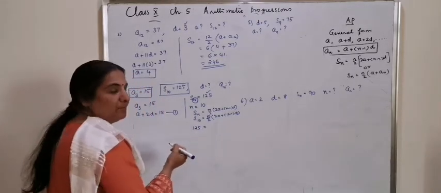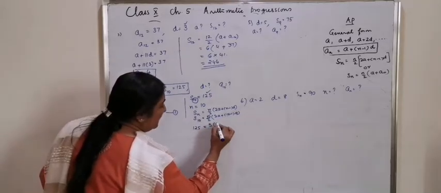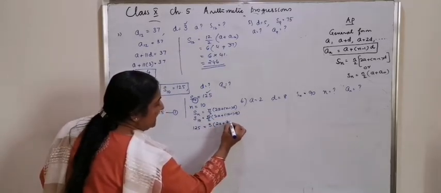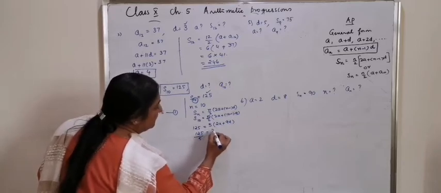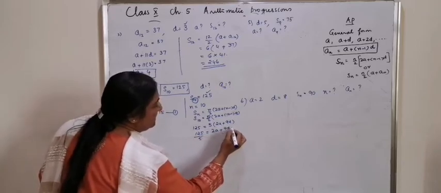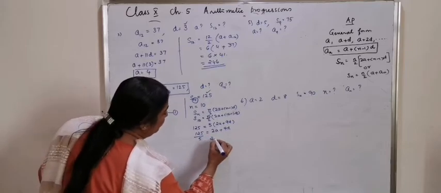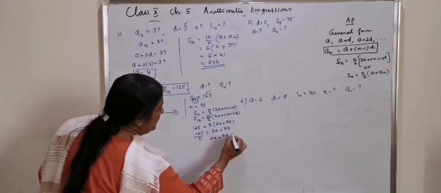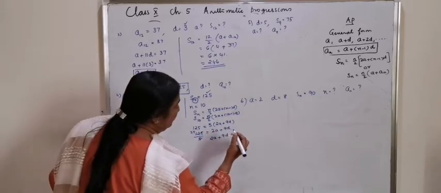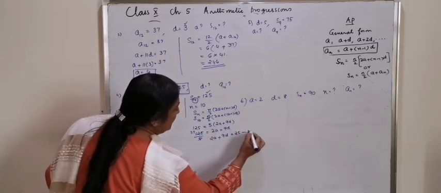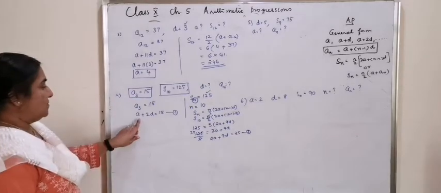So 125 is equal to 10 by 2 is 5, 2A plus 9D, or 125 divided by 5 is equal to 2A plus 9D, which is 25. Equation number 2.